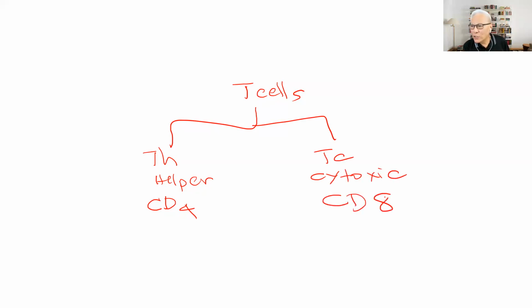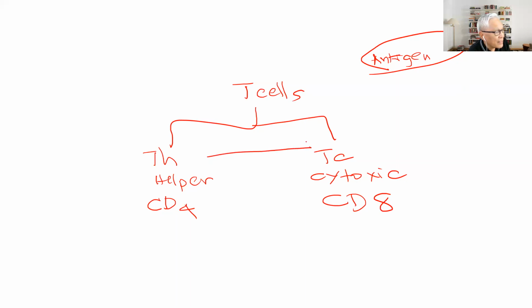So what's the function of each? If an antigen, let's say a microorganism or a germ, comes into our body and it's detected, the CD4 cells are going to detect its presence. That is why they're called helper cells, because they actually activate the cytotoxic cells to come and deal with this microorganism.